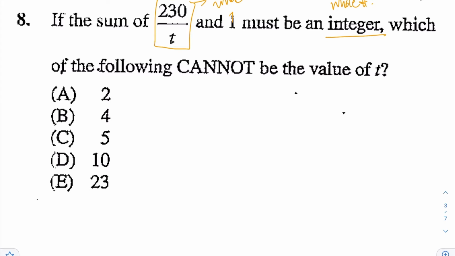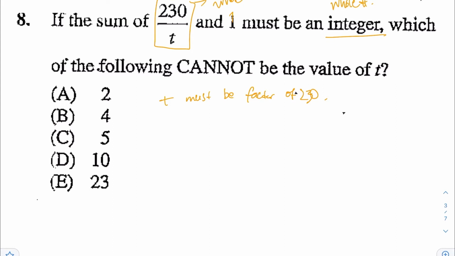And the only way to get this fraction to be a whole number is for the denominator T to be a multiple, or rather a factor of 230. So you can do the prime factorization here, or you can also test out all the choices and try to divide it into 230.